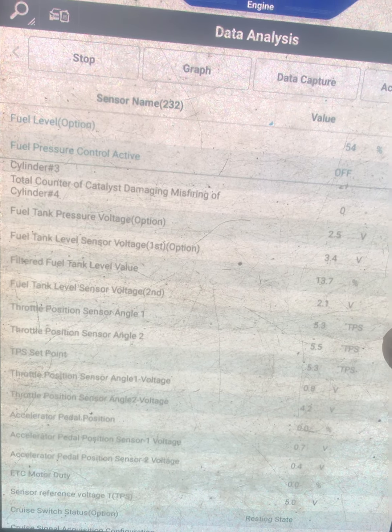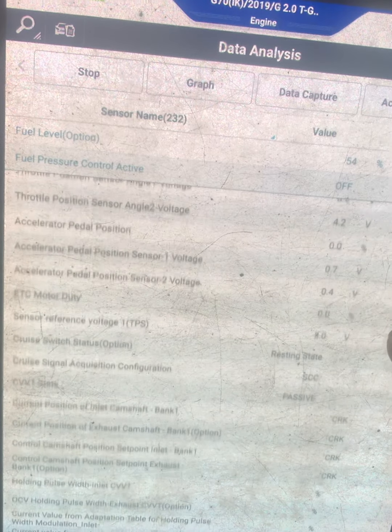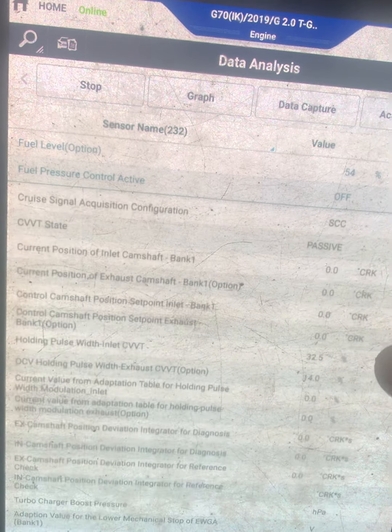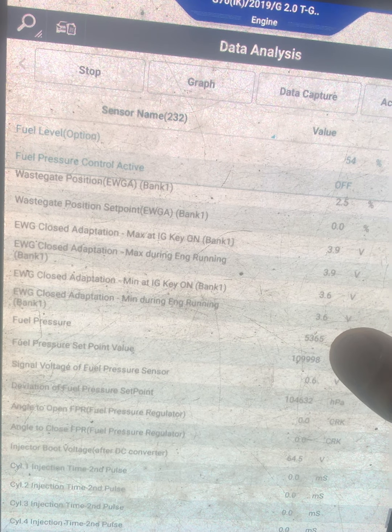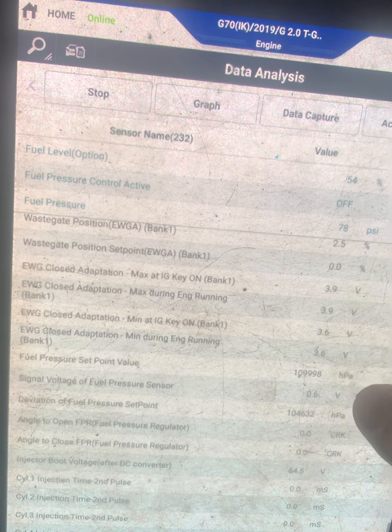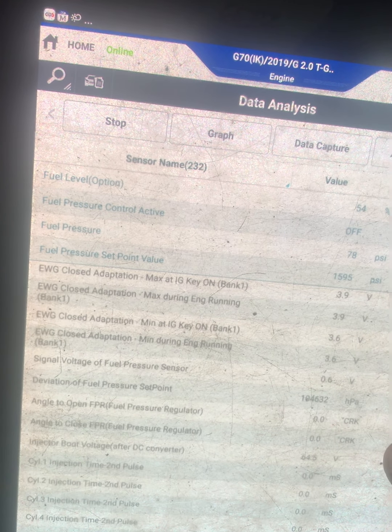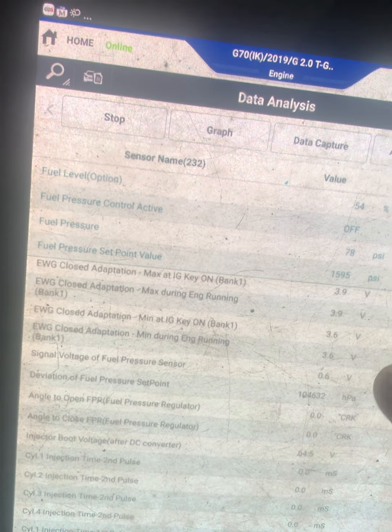I don't know what that is either. Okay, so I got something called PSI 78. That's our set point. Fuel pressure 78. Our desired set point that the computer sets should be at 1500.